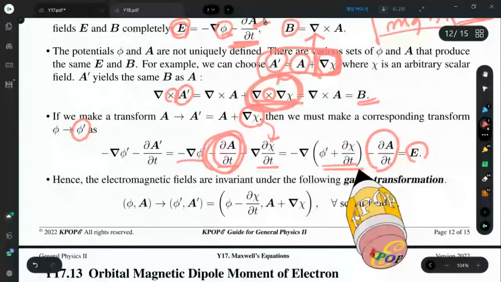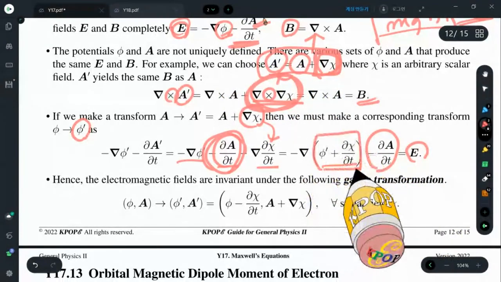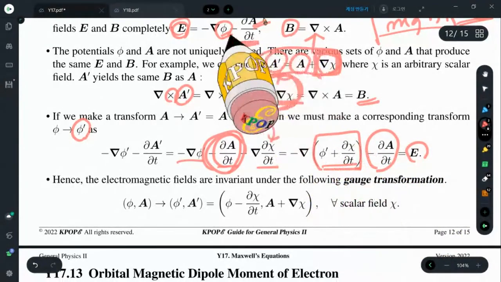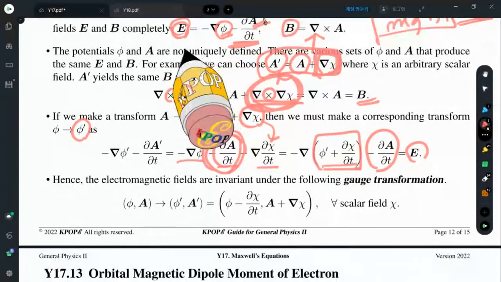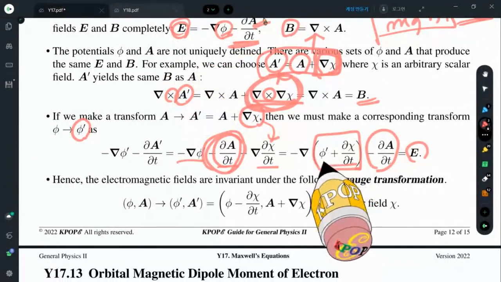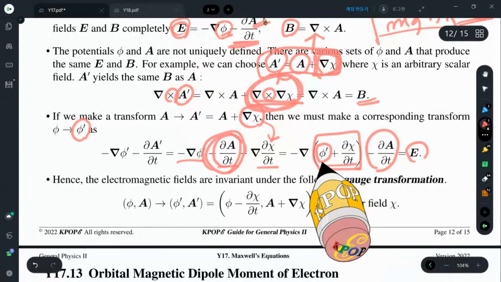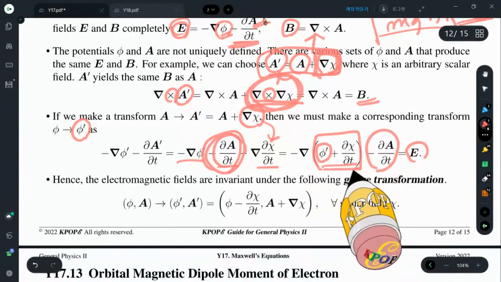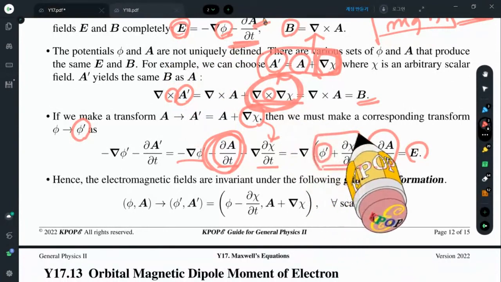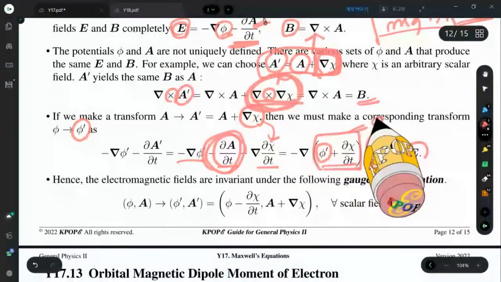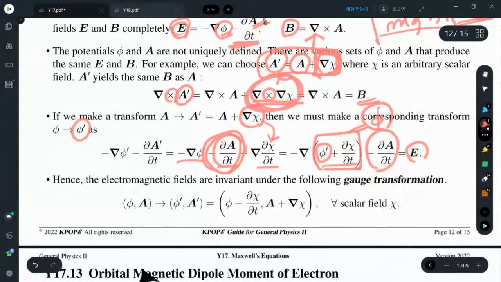However, we find this term. To have the same electric field, this phi prime plus the time derivative of this scalar field must be the same as the original scalar potential.